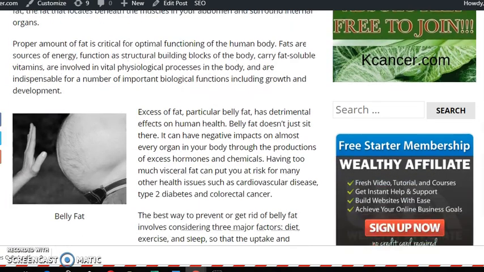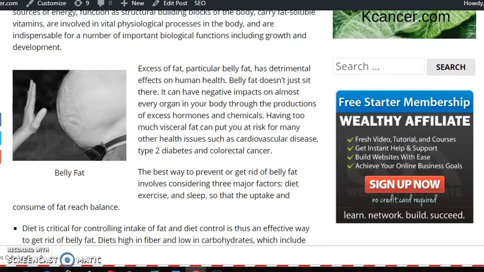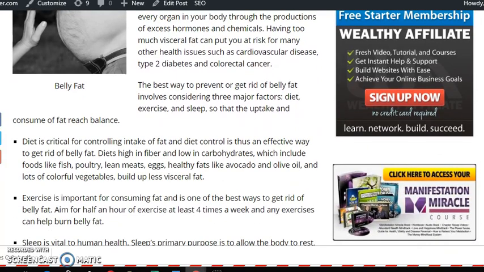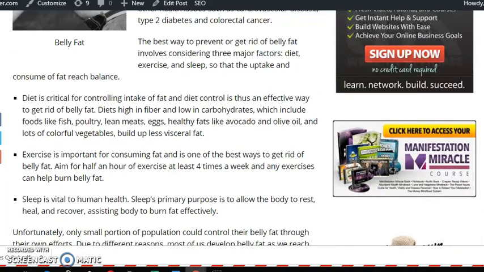So how do we prevent this belly fat? There are only two very important factors. One is diet, another is exercise. For diet, we need to control it, making sure we have limited intake.